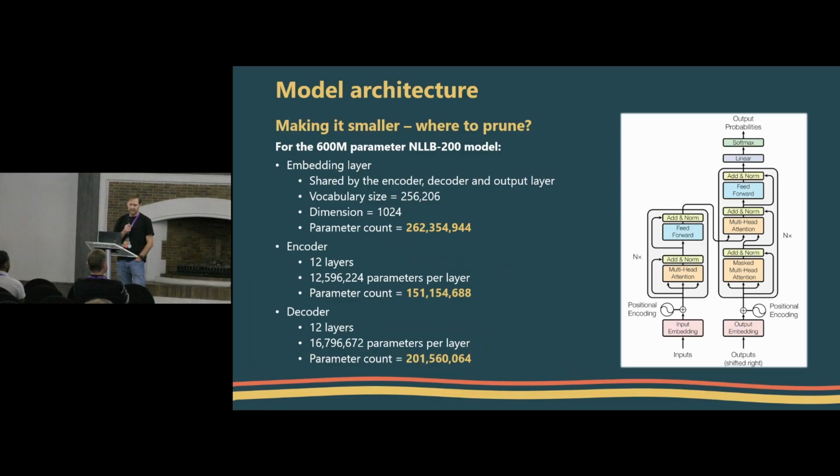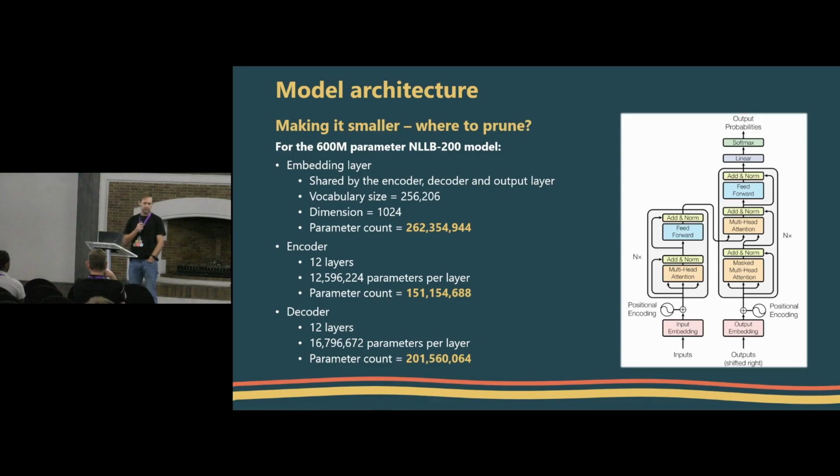There's an embedding layer, which is basically the relationship between the tokens, the subwords, connecting them with vectors or representing them in vector space. And that is directly proportional to the size of the vocabulary, so how many tokens you have in the vocabulary.